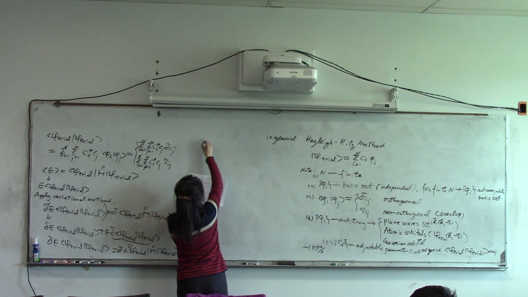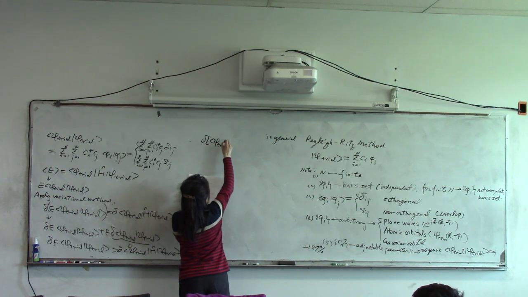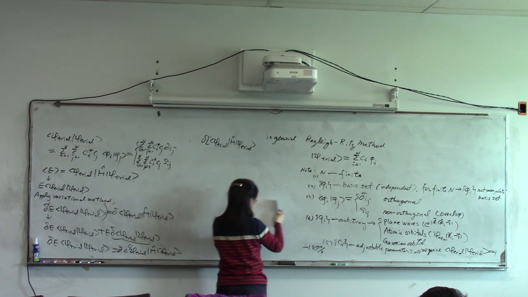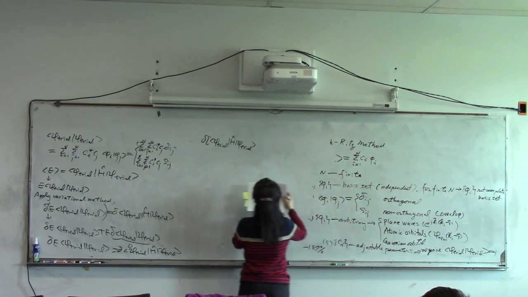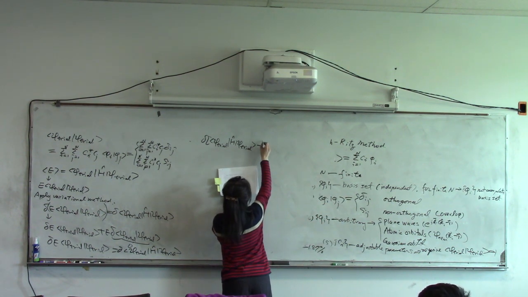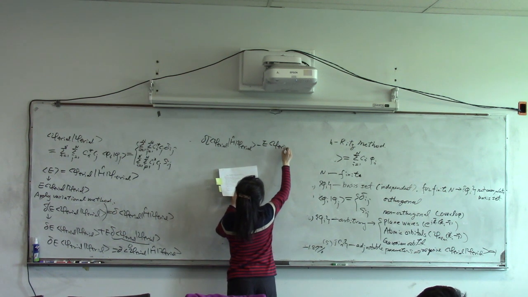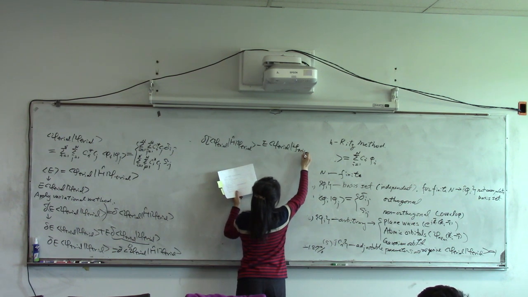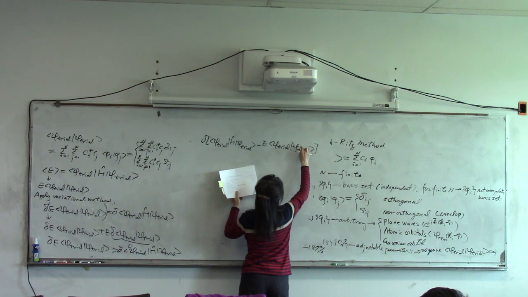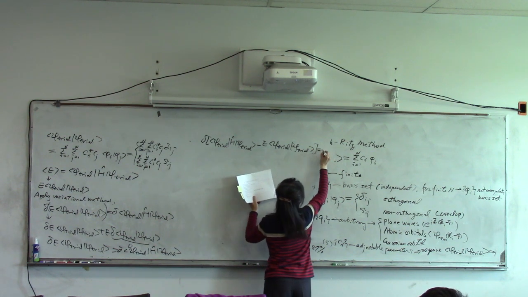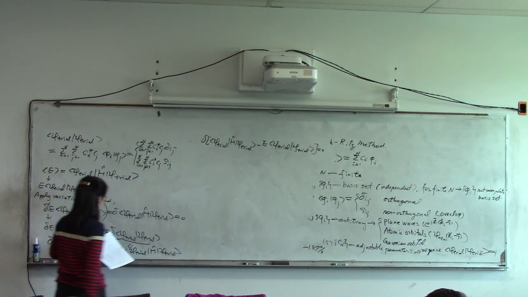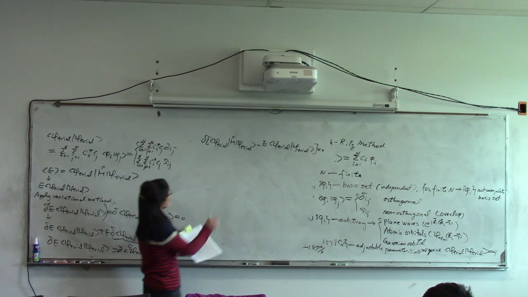That means it's the variation of this integral minus E equal to 0, since we assume we are going to make this equal to 0, right?